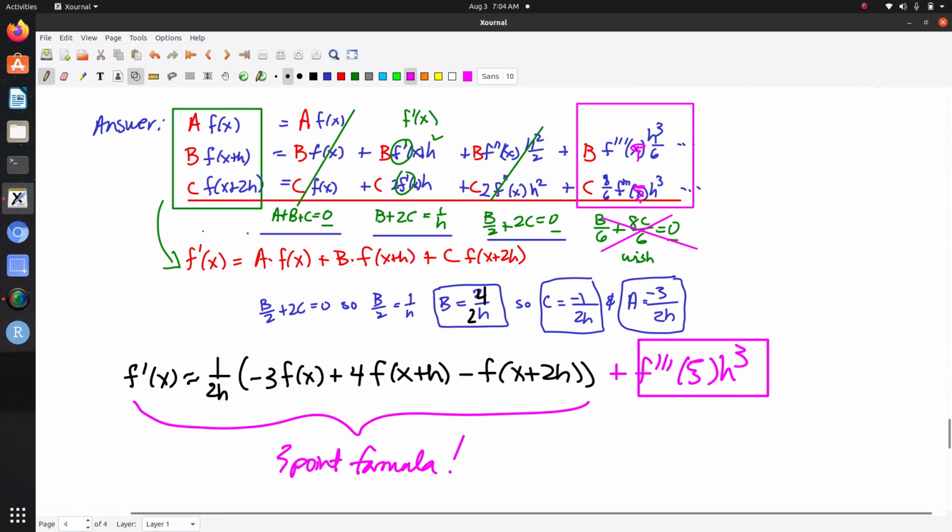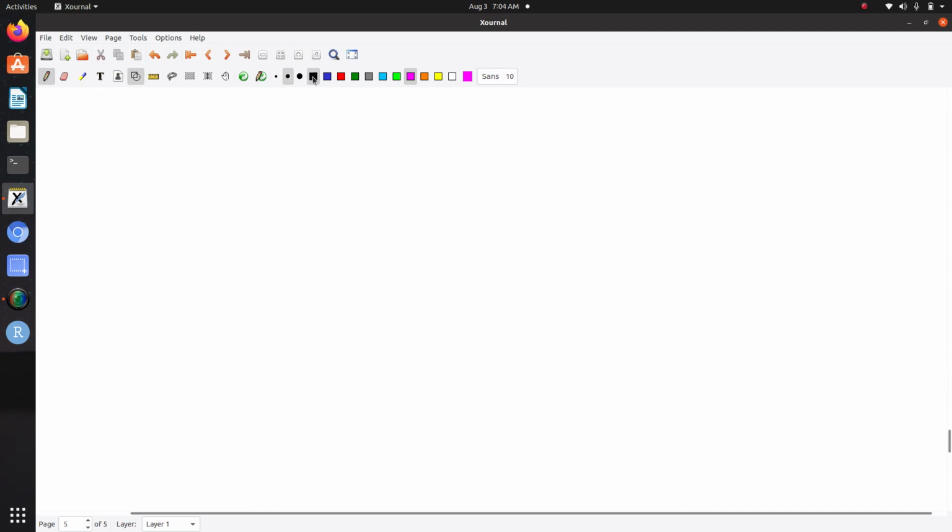And we have already talked about the fact that there's another 3-point formula which only uses 2 points.